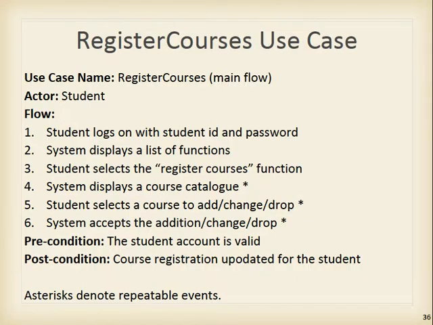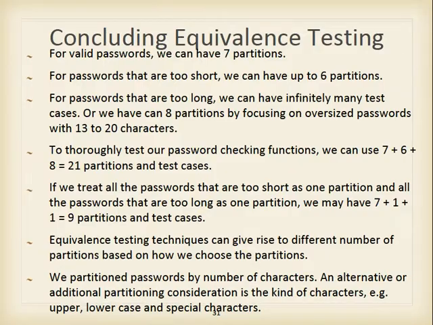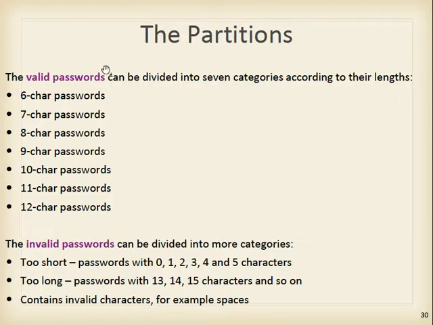So if we think of this as one big category, we want to check what happens with 5 characters, what happens with 0 characters. We may not need to check 1, 2, 3, 4 because they are not at the boundary.